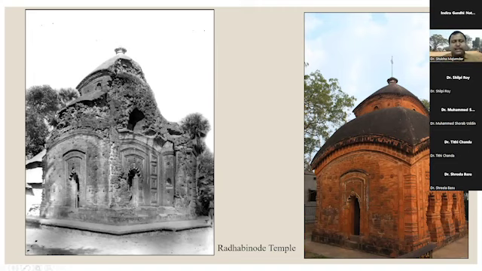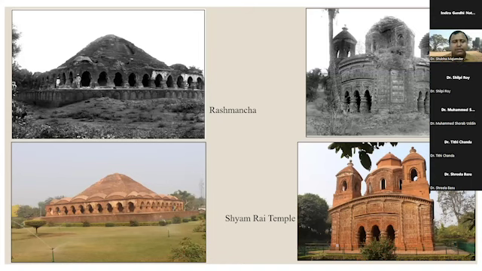You can see that one side of the temple is almost collapsed. But after protecting this temple, the Archaeological Survey of India, in a scientific way with proper maintenance, has restored this area. And this is the present-day photograph of the Radha Vinod temple. This is the famous Rasmancha from Bishnupur.